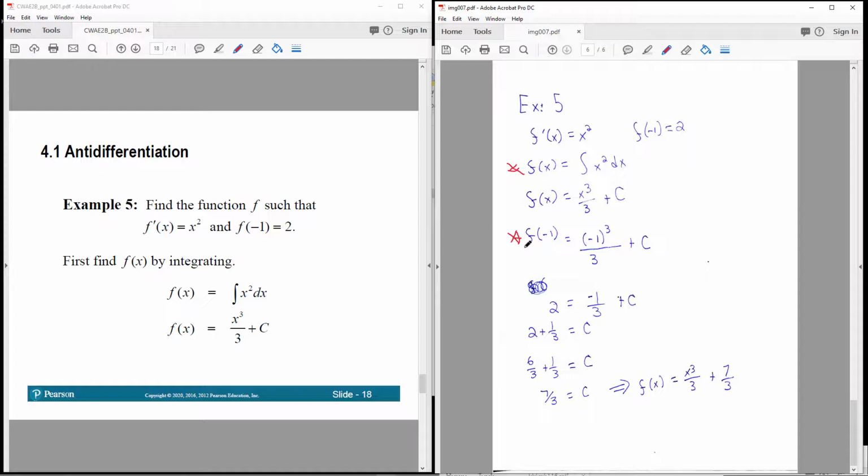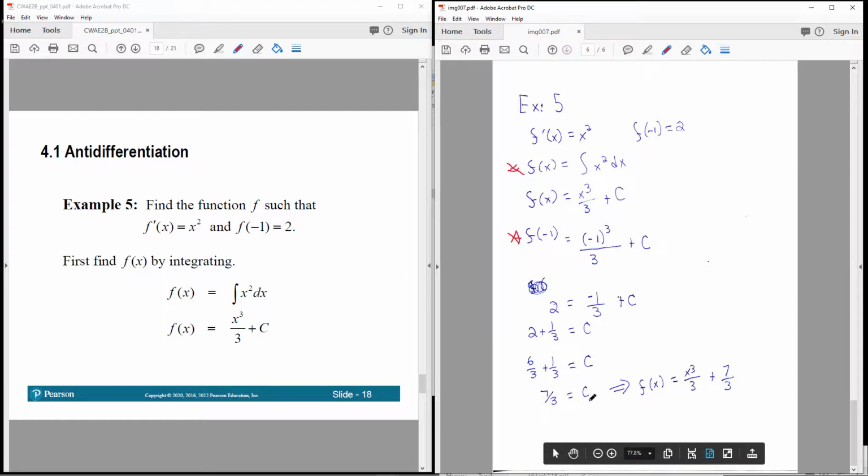I want to find out what the constant is going to be. So I'm given some initial conditions here. And we're given that f of -1 is 2. And I put in for my x -1, and it simplifies. So I end up with 2 plus 1/3, which is 6 over 3 plus 1/3, 7/3.